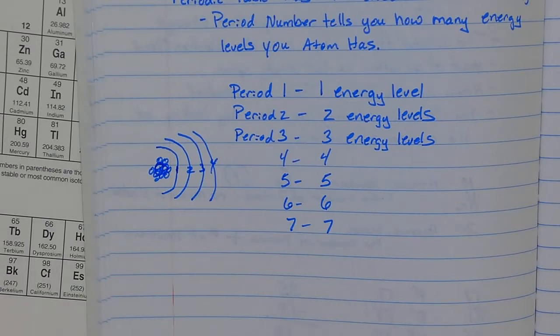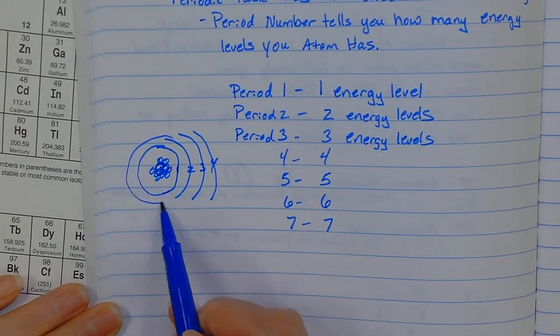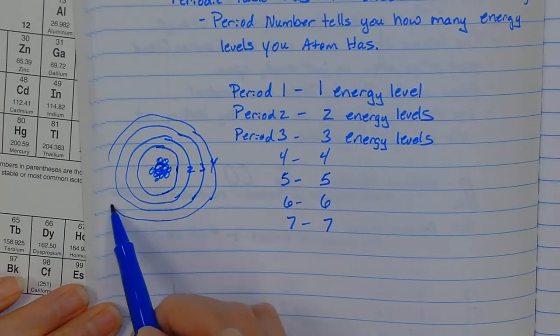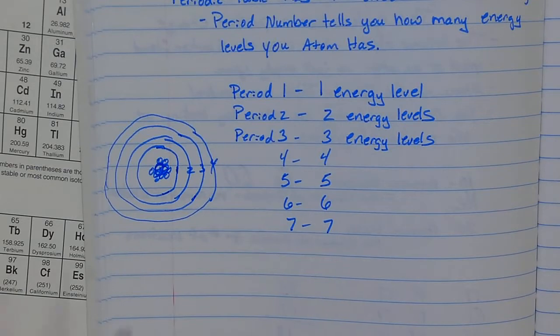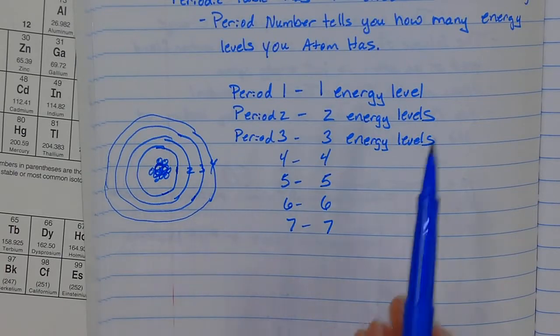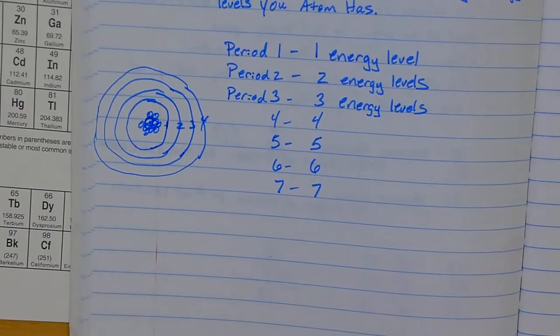So depending on what period your atom is in, that is how many energy levels your atom would need. Okay, so that's what we're talking about when we're talking about energy levels. And understand, we use the Bohr model because it's predictable. Whereas in reality, it's the electron cloud, and these electrons could be anywhere at any given time within an energy level. So these circles around the nucleus represent your energy levels.